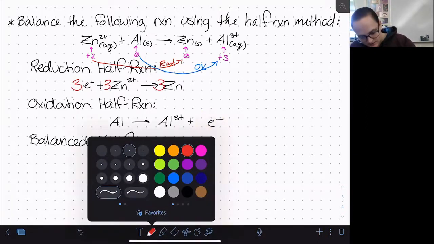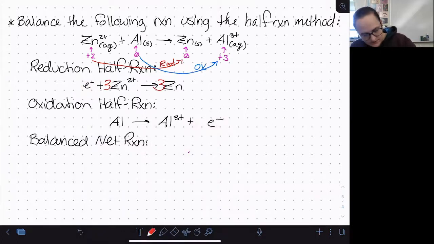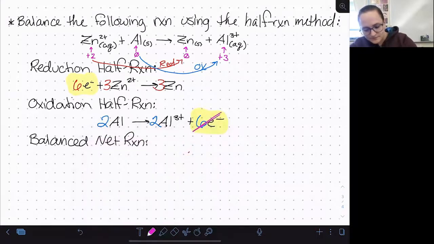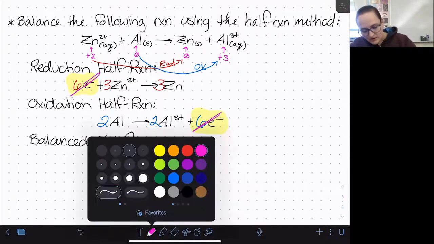Hold on, sorry, I did a bad thing. There were 2 electrons there, times 3 is 6, my bad. There were 3 electrons here, times 2 is 6. So now we have an equal number of electrons on the left and right sides, which will cancel out when we go to add these back together.